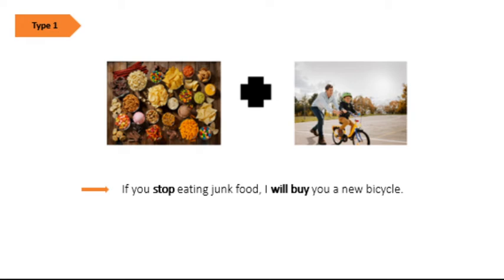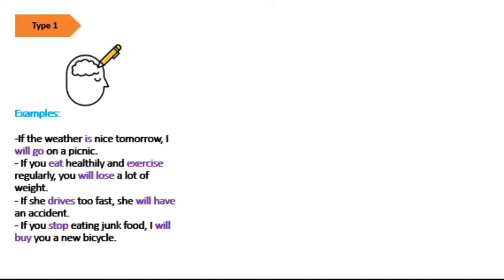So again, now let's have a look at the rule. The examples. So now, if the weather is nice, we'll go; eat, exercise, will lose; drives, will have; stop, will buy.